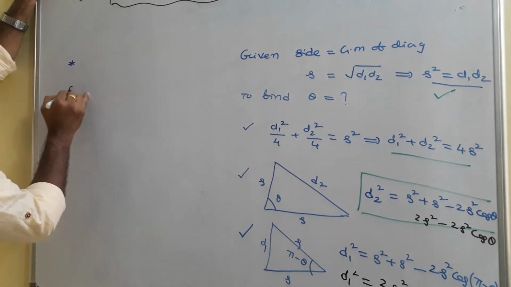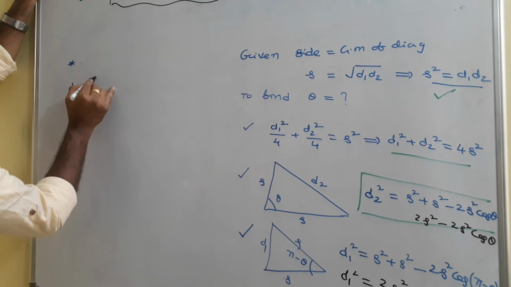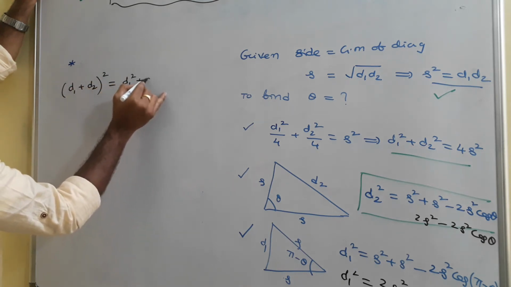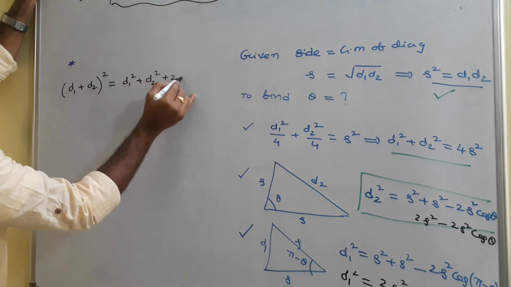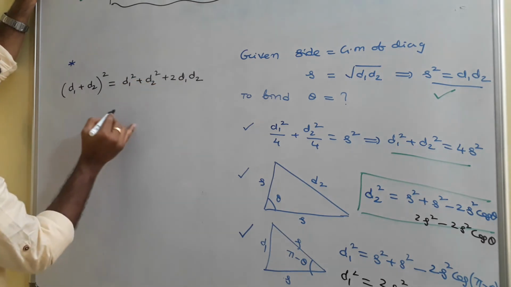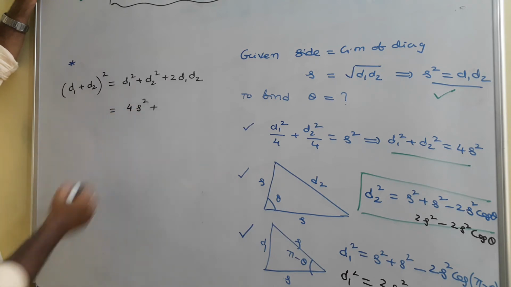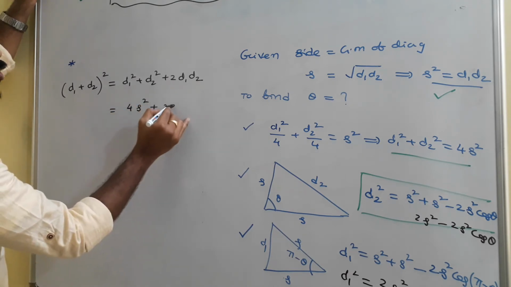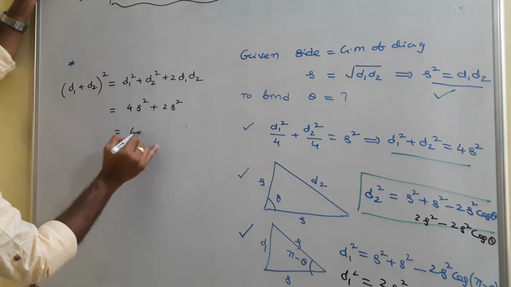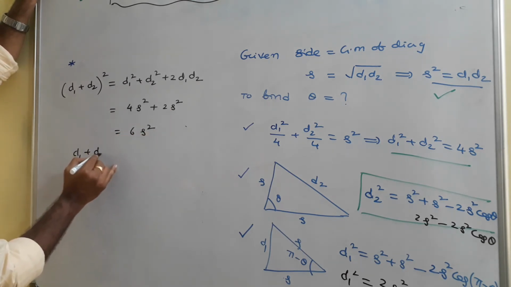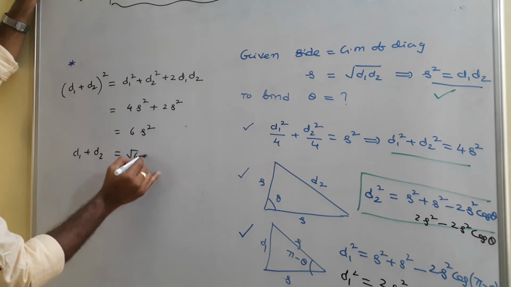Suppose d1 plus d2 whole square is nothing but d1 square plus d2 square plus 2d1 d2. From there, d1 square plus d2 square is 4s square, plus 2d1 d2 is 2s square, and that equals 6s square. From there, d1 plus d2 is equal to root 6 s.